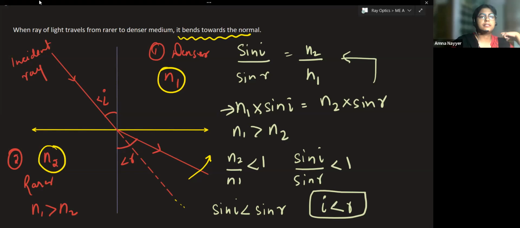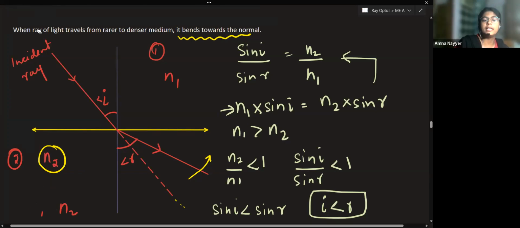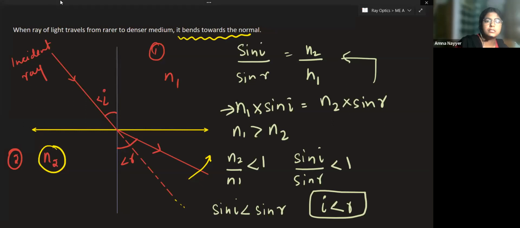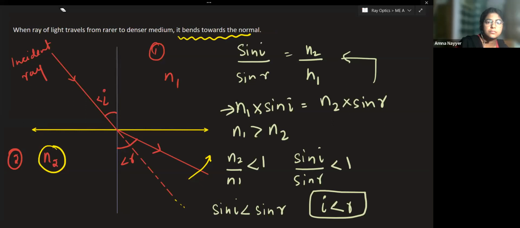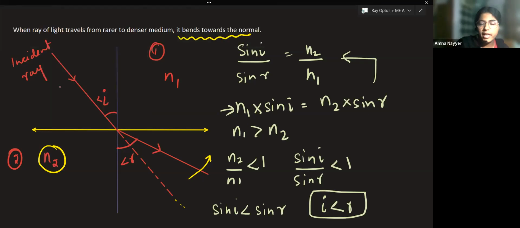This means this is now your rarer, this is now your denser. That means N1 is rarer. From rarer to the denser medium. So if this is denser, it means N2 is greater than N1, right?